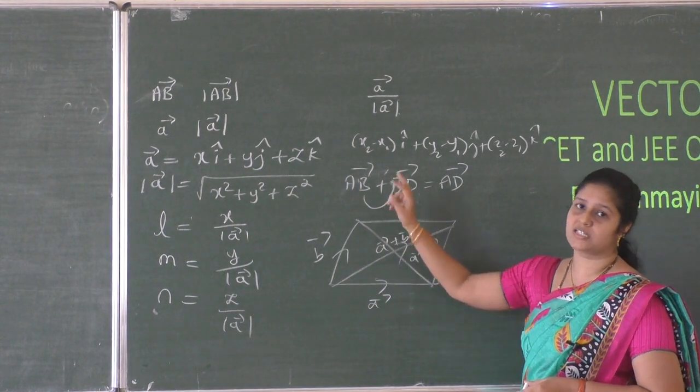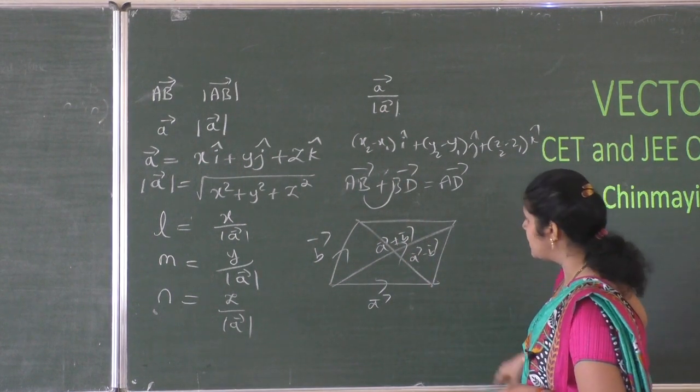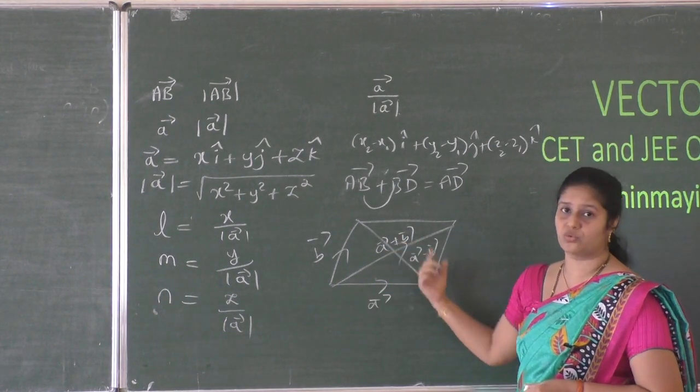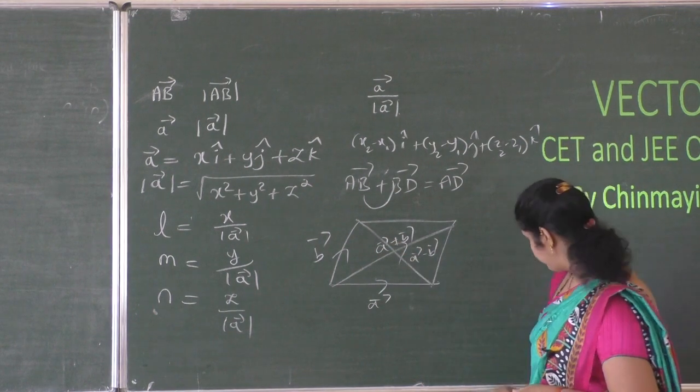So addition follows the triangle law and parallelogram law of vector addition. Also we can find the length of the diagonals easily by taking the magnitude of these two vectors.